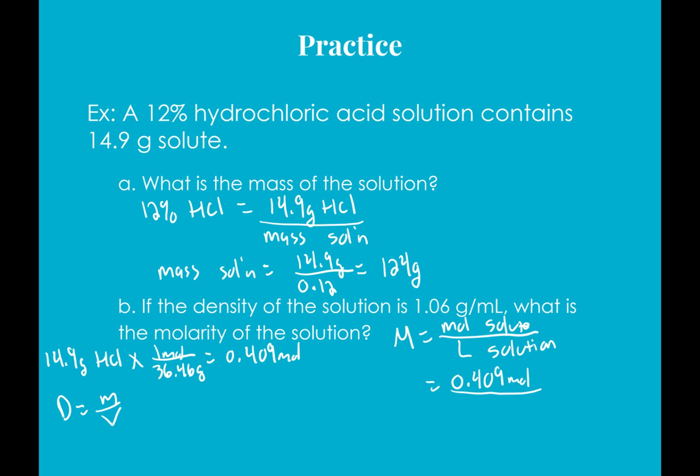And since we're looking for a volume, we can use the density and the mass that we found in part A to find the volume. Volume would just be mass divided by density, which in our case becomes 124 grams divided by 1.06 grams per milliliter. So our solution would have a volume of 131 milliliters.